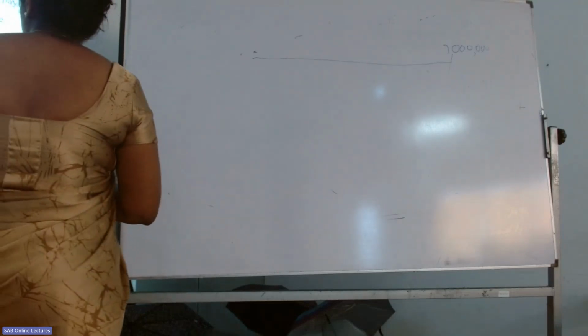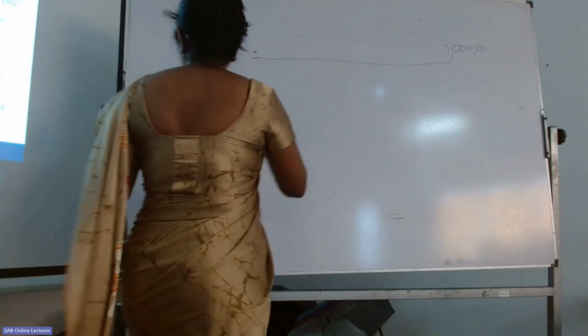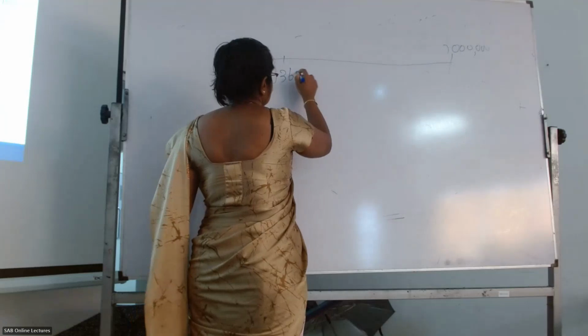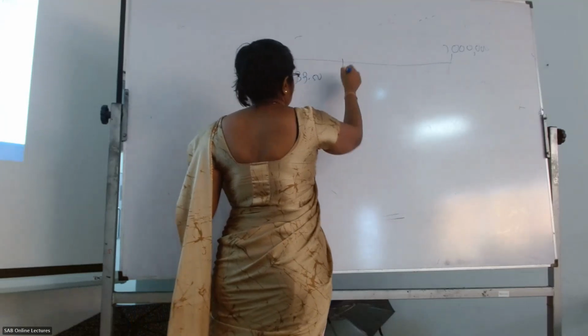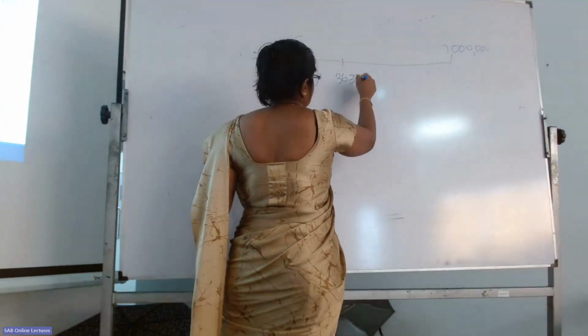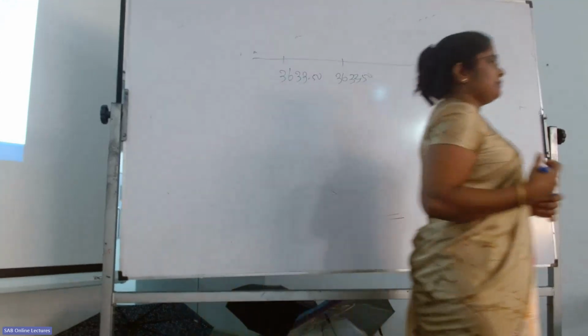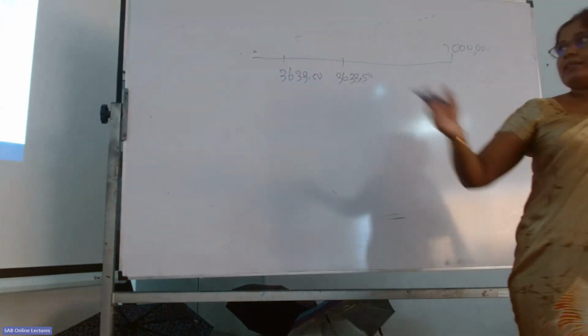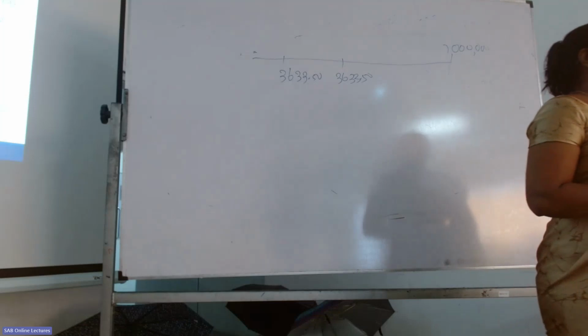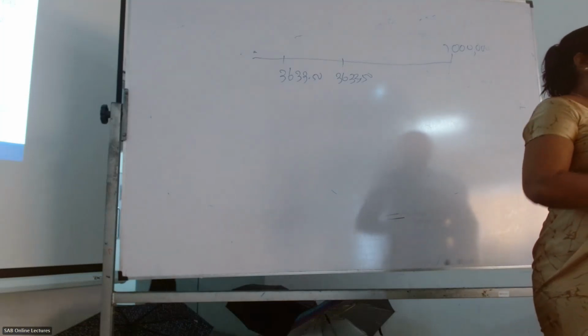You wish to deposit 3,633.50 monthly in an account that pays 15% interest per annum. How many deposits?